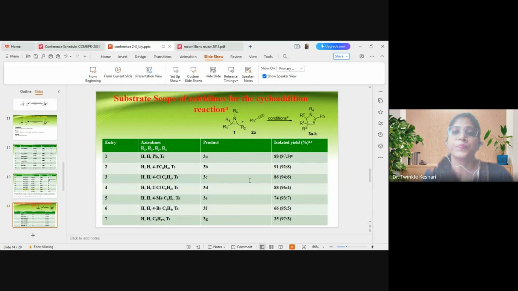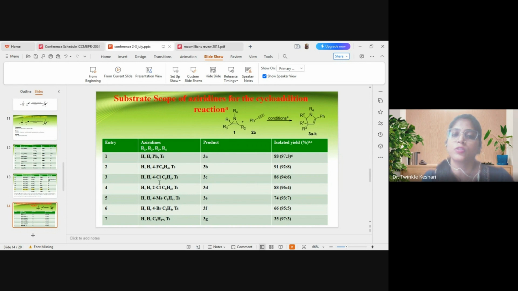On getting the optimized condition, we have further worked on different substrates of aziridine and also alkynes. On varying the substituents of aziridine, in the entries R1, R2, R3, R4, we have used different substituents.